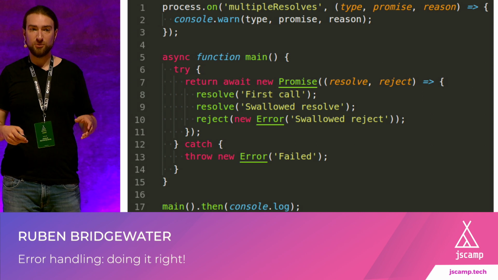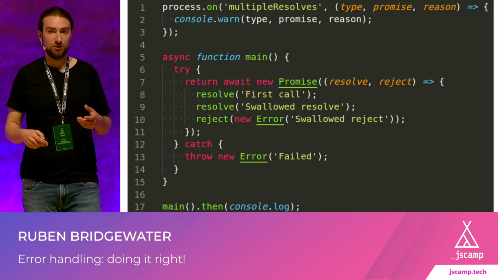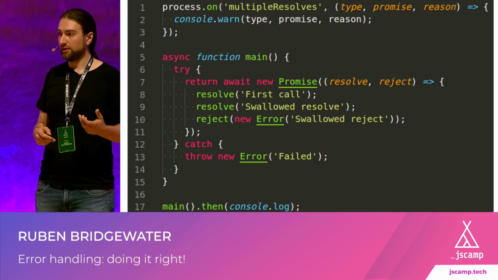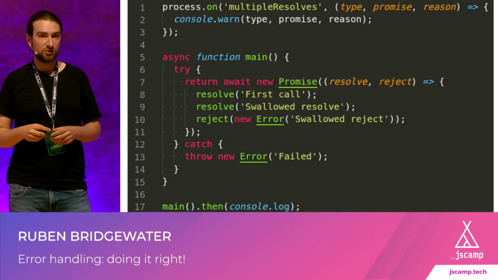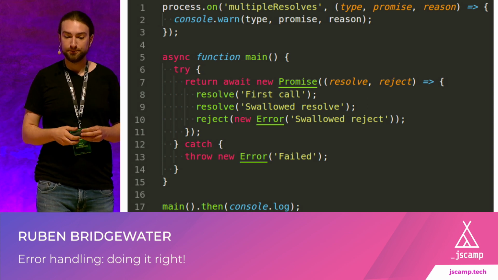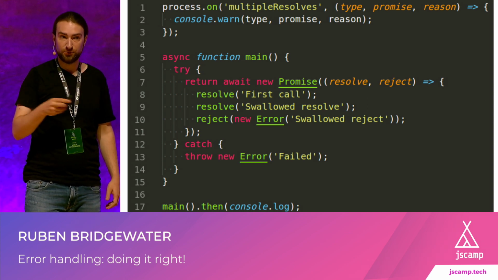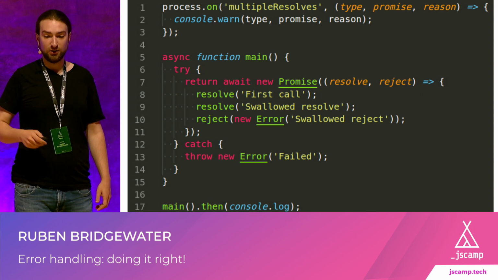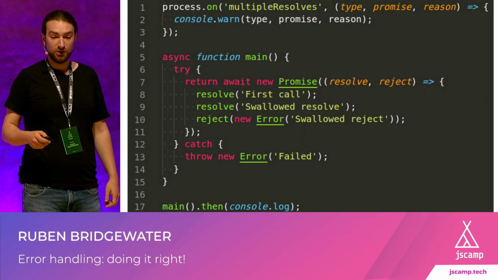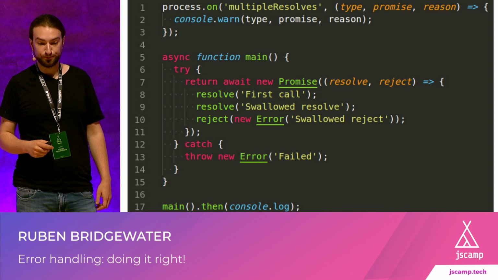And most of the time, it will probably not be intentional that you resolve multiple times. This will also catch synchronous errors in the promise constructor after calling the resolve or reject function. So that's pretty nice, and I also hope you can find that useful.